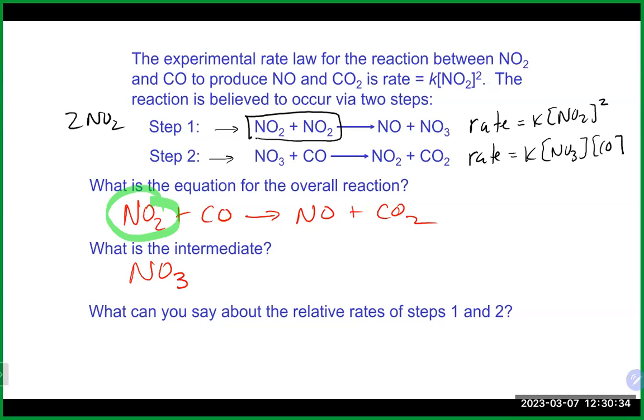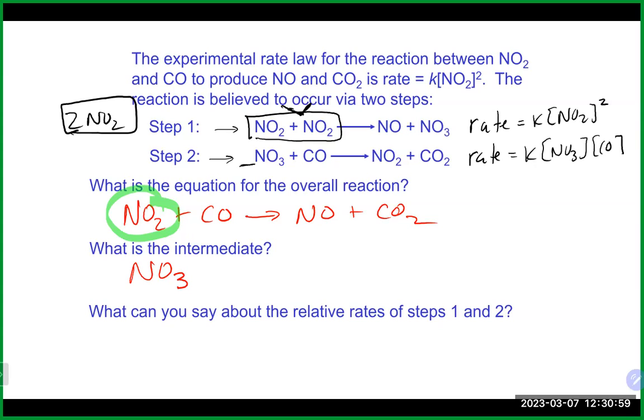First off, any questions on how I got those rate laws? Yeah. It's squared because although they separated it out here, there are basically two of them, right? So if we put it together and wrote the coefficient, it would be the 2. That's why it would be squared. Other question? Yeah. For step 2, it is always the reactants and their coefficients.